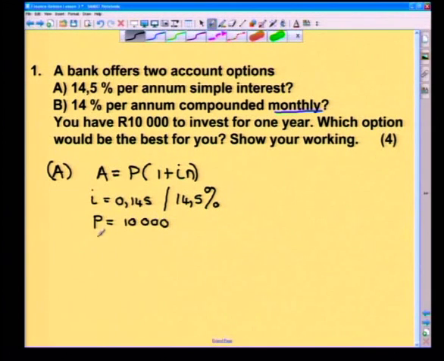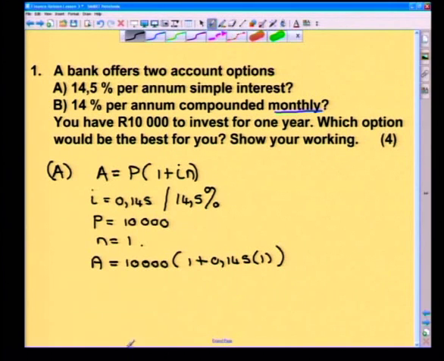And we know that we're only doing it for 1 year. So in this calculation, with simple interest, only 1 year. N is 1. Right, so our accumulated would become 10,000 Rand, 1 plus our I, which is 0.145, times 1, close the brackets.